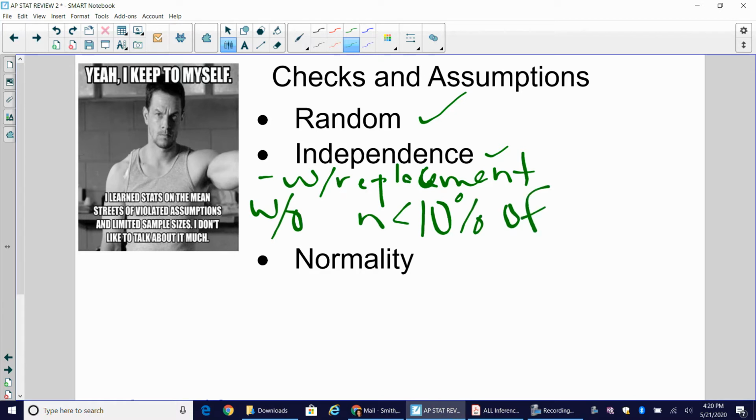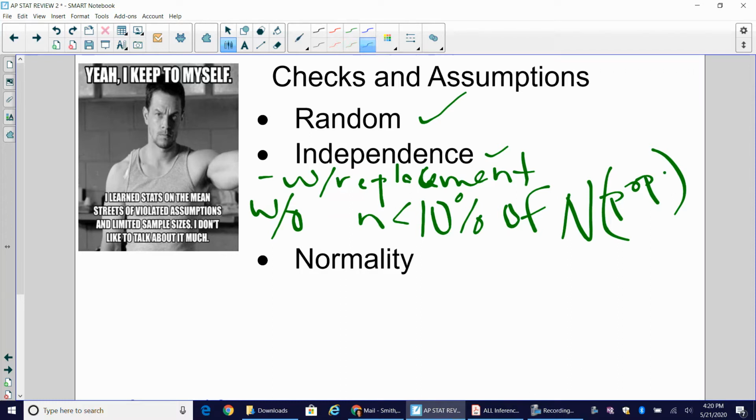Because if that's the case, then you can go ahead and proceed, and capital N means population, by the way. That's the notation. You can go ahead and proceed because your sample size is such a smaller fraction of the entire population that you're still going to get independence between trials, as long as you're conducting a random sample.